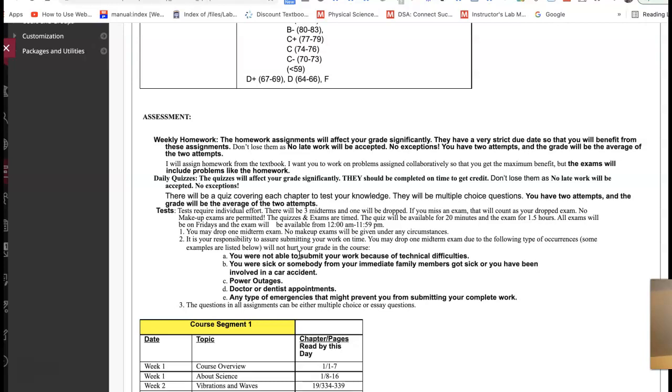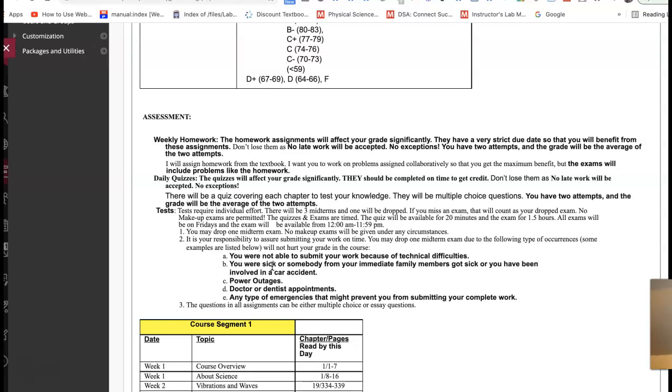Now, one of the things I want you to know is that I will not give any makeups in any case. I gave you examples of reasons you might miss an exam, and then this is going to be your dropped one. Don't say it's unfair. We are in an environment where we will not be able to have any makeups.